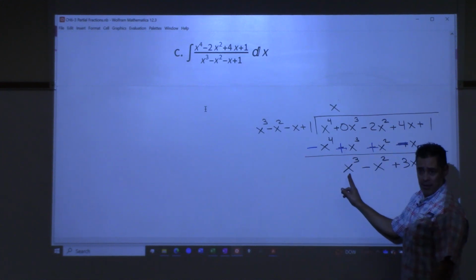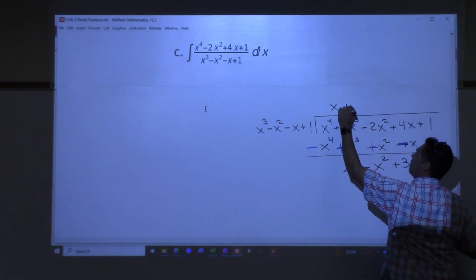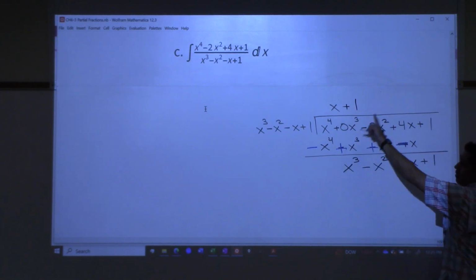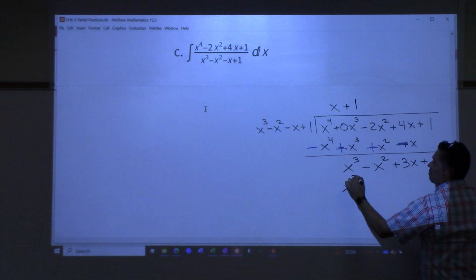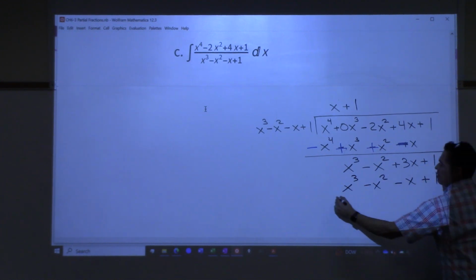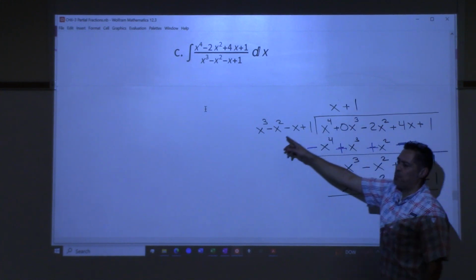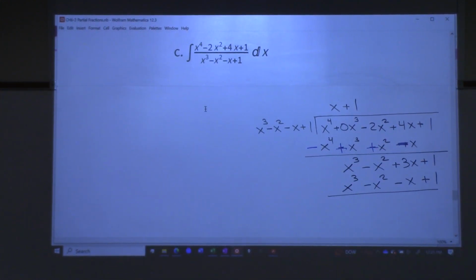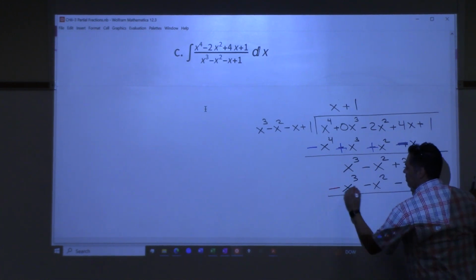Here to here is 1, so plus 1. And then we multiply all those things by 1. So you get x cubed minus x squared minus x plus 1. Multiplying that by 1 is pretty straightforward because nothing changes. And now, don't forget, you got to subtract, right? So subtract, which changes the signs.